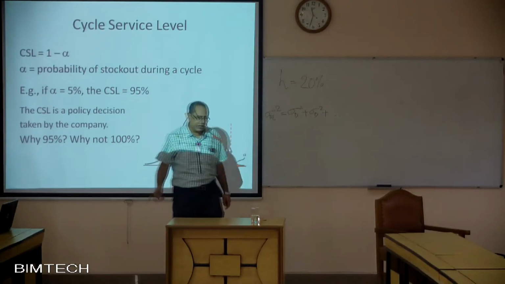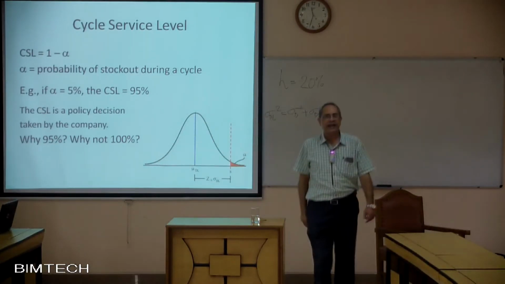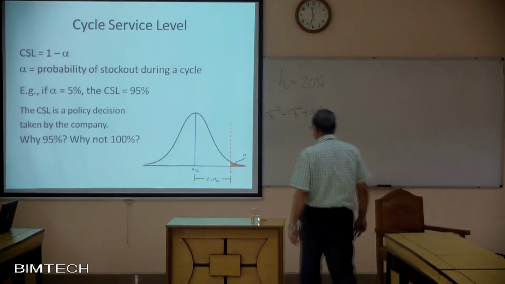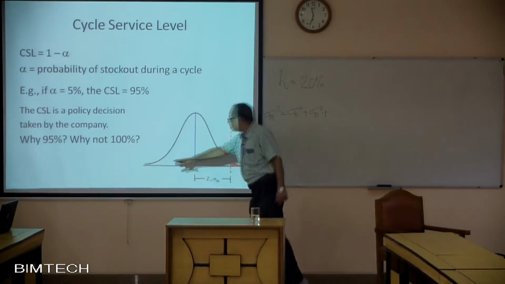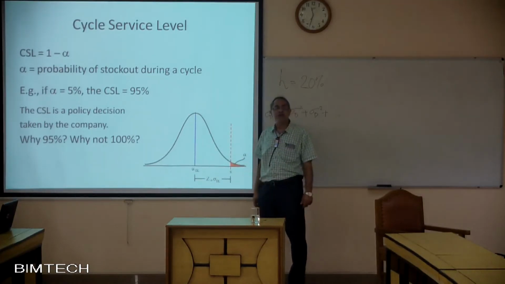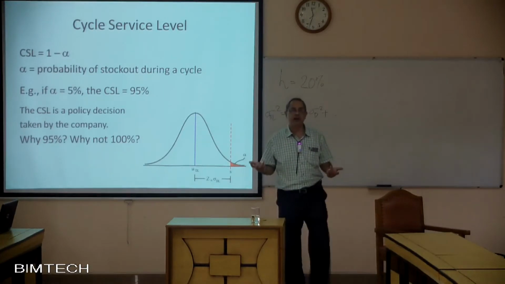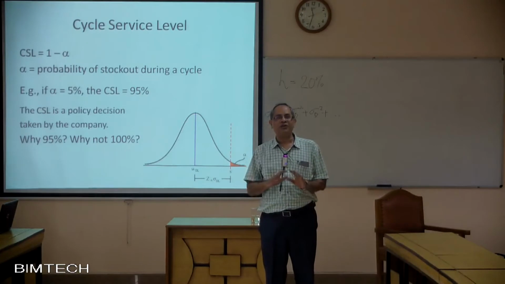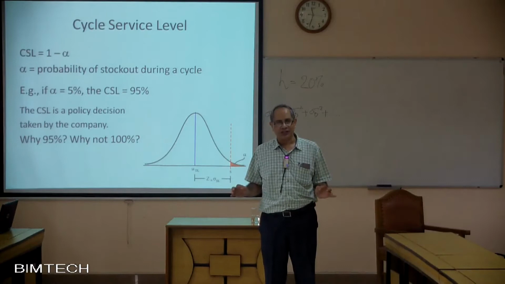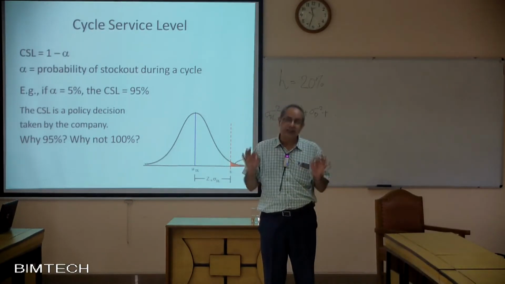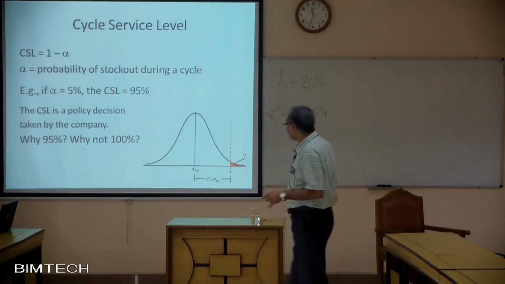So given a CSL of 95%, can I calculate my Z alpha? Oh yes, of course. I just need to go to my standard normal table, look at a cumulative probability of 0.95, and corresponding to that cumulative probability, whatever Z value I find is my Z alpha. Okay, so let us be very clear: we are using the product availability measures to finally find Z alpha. That is the objective.